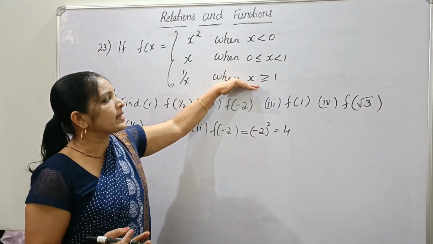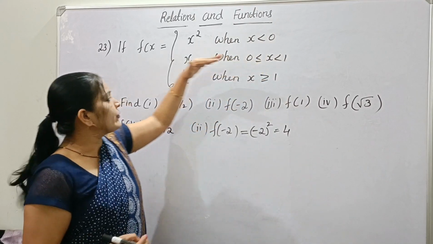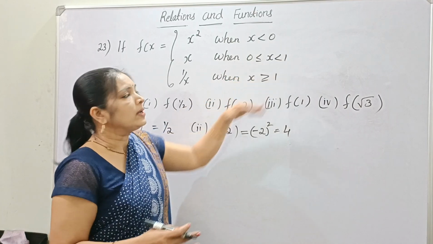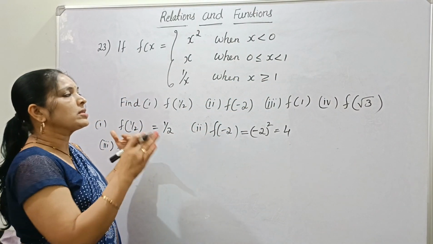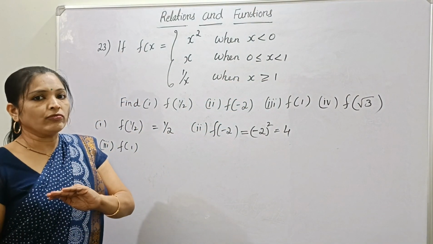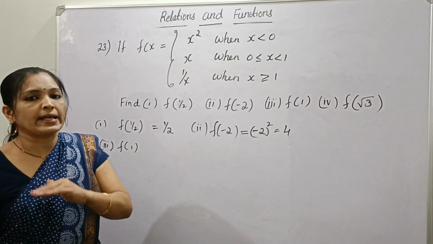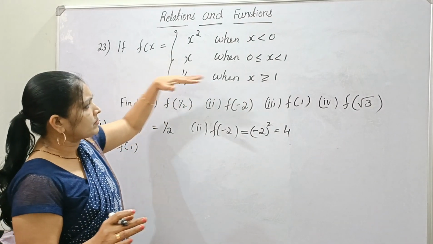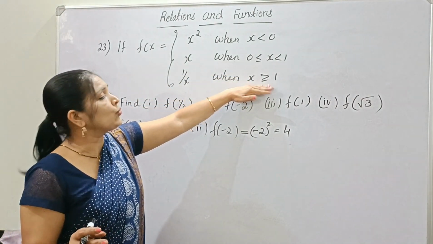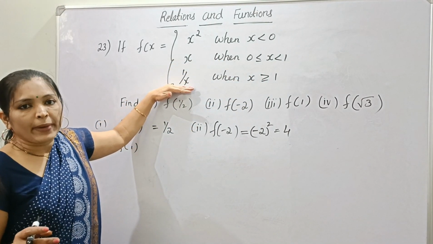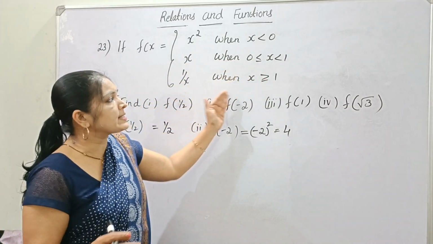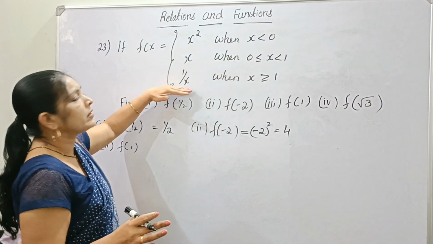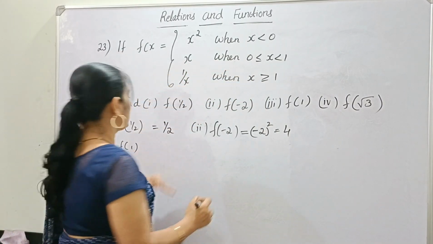Here it is not equal: the x is between 0 and less than 1, not 1, something like 0.99. So when x is equal to 1, the function is 1 by x.